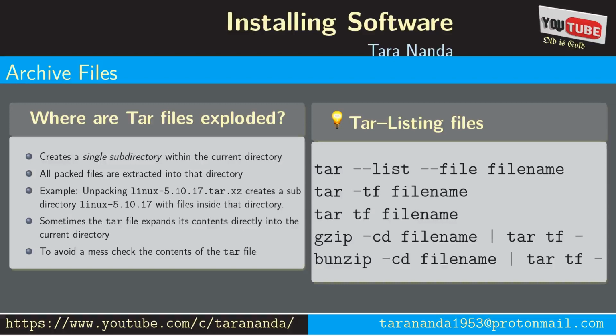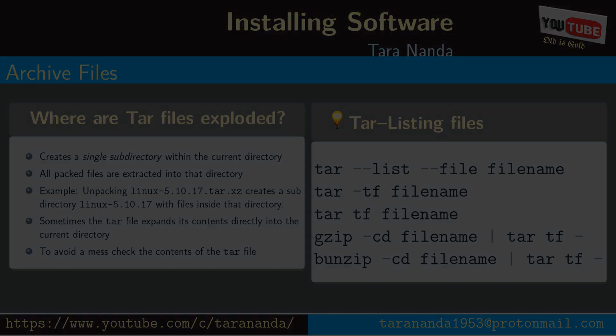This is done by using the t option. tar -tf, the tarball file name, will simply list the contents of the tarball. That way you can see whether you want to extract in the present directory or create a new directory.